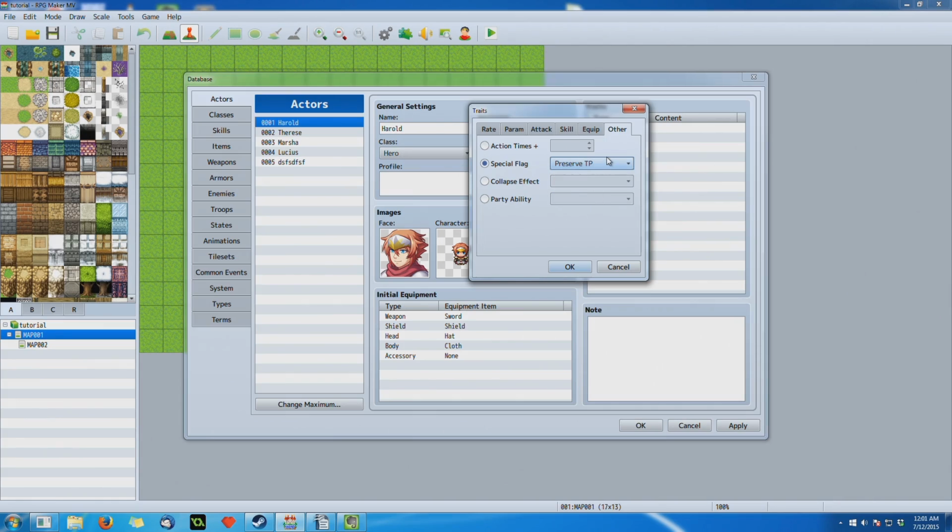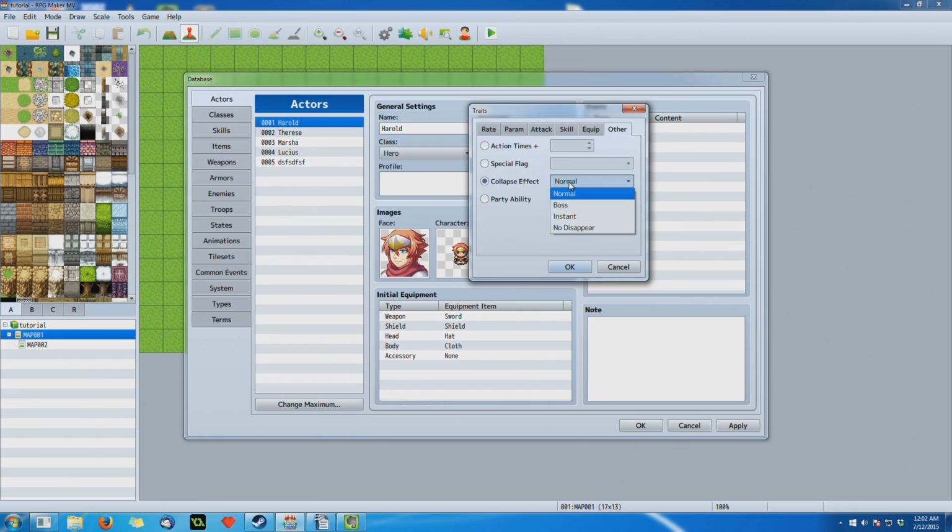So preserve TP is for when you exit battle. Say you're in a battle and you have 50 out of 100 TP. If you have preserve TP set here, then when we enter another battle, we'll have 50 out of 100 once again. Usually it'll be reset down to 0. So it just allows you to accumulate it over time from battle to battle.